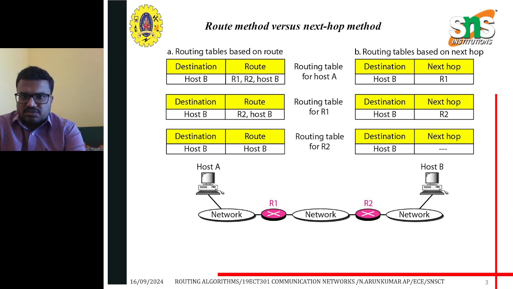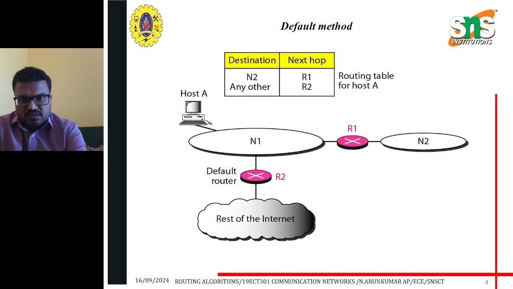So host B receives only from the neighboring node R1. Like that, all the information is forwarded to the next level. The default method is the router. The router just sends the data to the next node, and if you want to add more routers, they also transfer the same information to the next node.